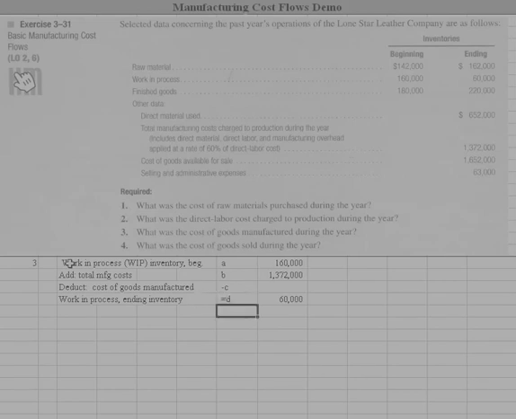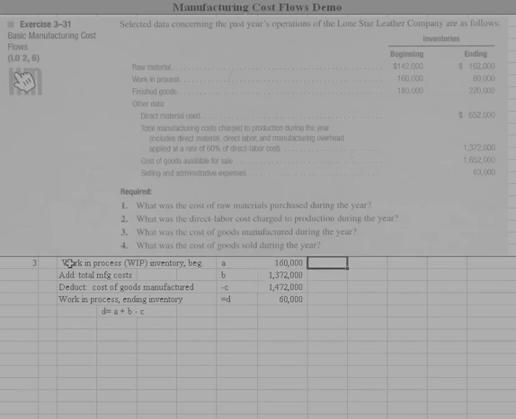Okay, so again, if D equals A plus B minus C, we should be able to algebraically solve it. Now, rather than go through the detail like we did in Part A, the approach is exactly the same. So why don't I just put in the right amount, which, if you do the math, will equal 1,472,000.